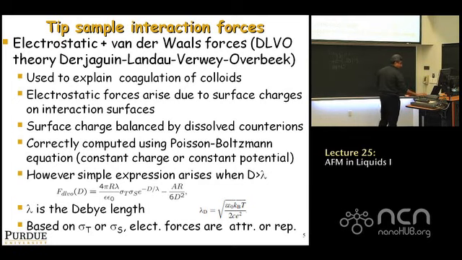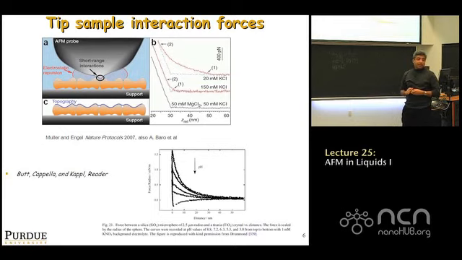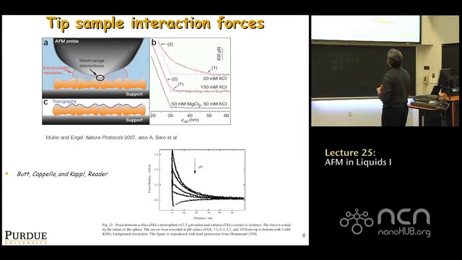So let's see what this looks like. I can plot those formulas for different values of ionic concentration, but I thought of presenting some experimental results to give you an idea of what these interaction forces are and how they depend on the parameters of interest. On the very top, what you find is FZ curves made between a cantilever and a hard sample, I believe mica in this case.